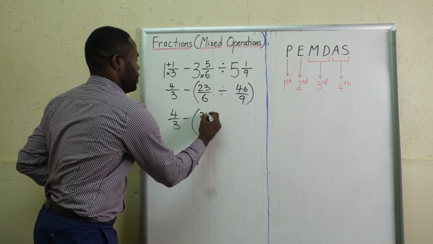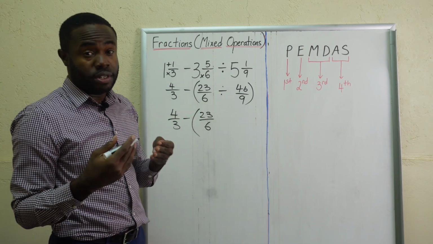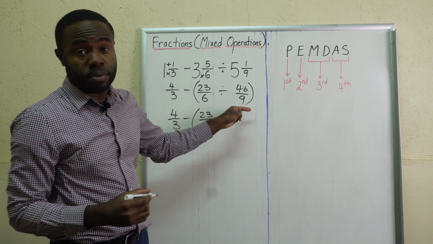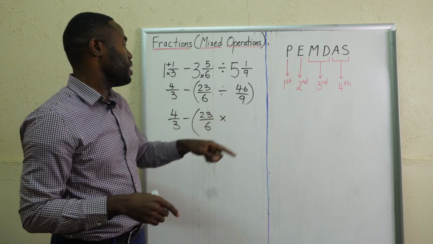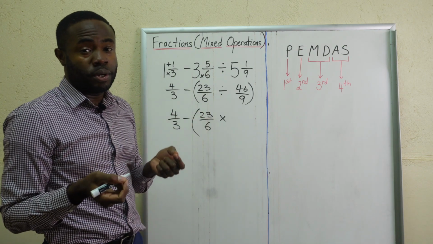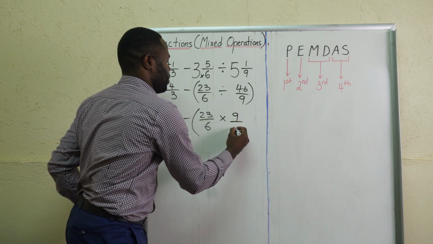So it's 23 over 6. Then we convert our division to multiplication. Afterwards, we reciprocate the 46 over 9. We flip it, meaning the numerator will now become our denominator, and our denominator will now become our numerator. So that will be 9 over 46.